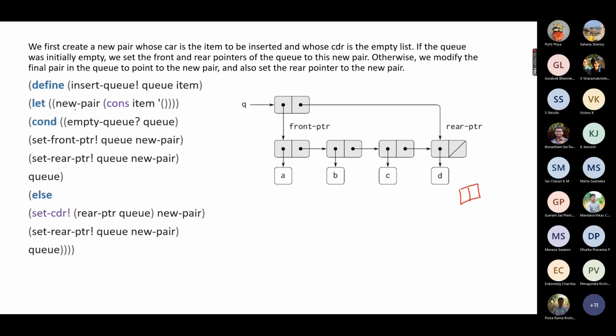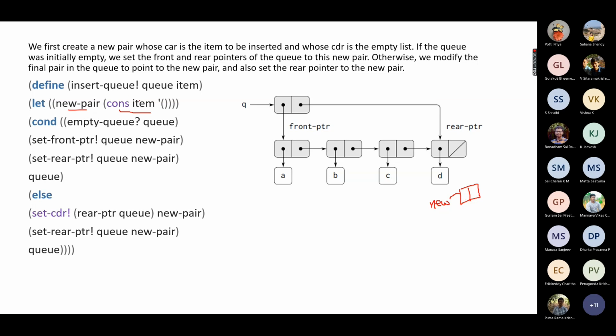Let new pair be cons item. Cons, you are constructing an item, and assign it to a new pair. First task is you have to get a new node. You are calling the cons. And this is nothing but, according to the procedure, new pair. Consider I am writing new.